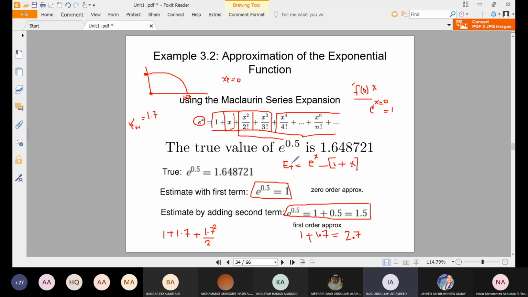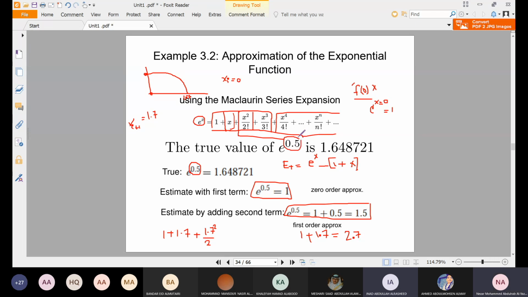Doctor, the value of 0.5 in the exponential, how did we get 0.5, I mean? Where? The value 0.5, in the exponential. This one? Yeah, x equals 0.5, you mean? Yes, how did we get 0.5?